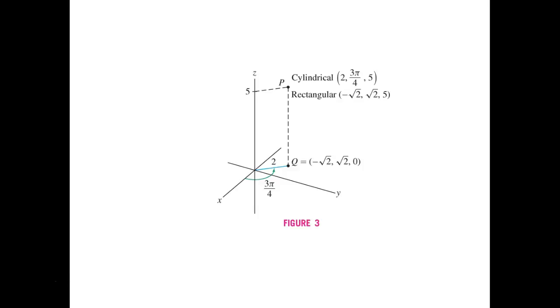So going around this way, they're the same values, so that would be 1/4 pi, 2/4 pi, 3/4 pi. There's your theta.